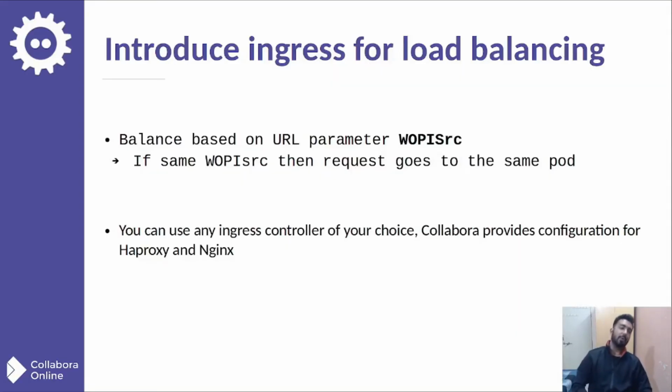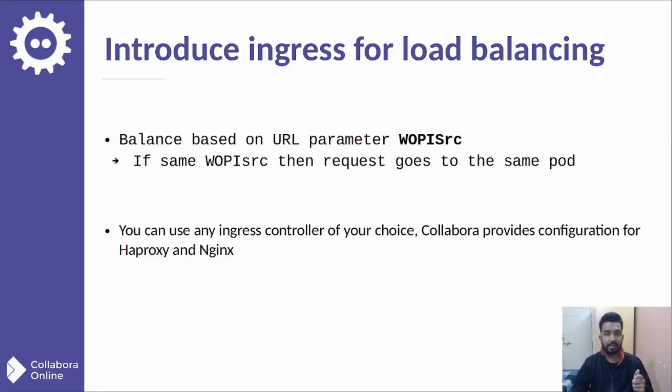While using Collabora Online on Kubernetes, ingress becomes compulsory. Though in production everyone uses ingress, Collabora Online mandates it, and there is no way this is going to work without load balancing. So how do we load balance?